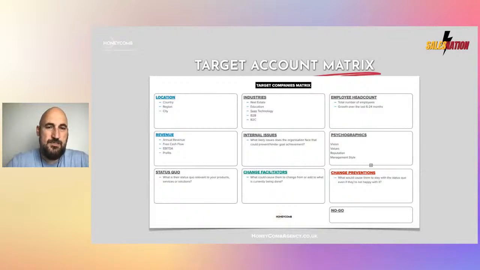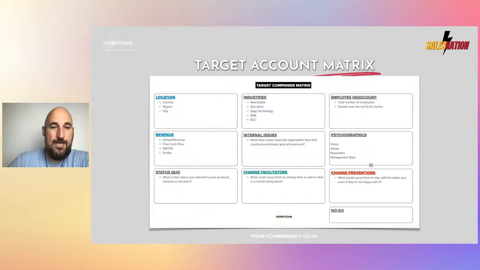What we have done is create what we call a target account matrix, which consists of 10 characteristics and key areas that we want to identify our target accounts that we want to sell into, right? That's the companies that we want to work with, that we want to push our products and services into.